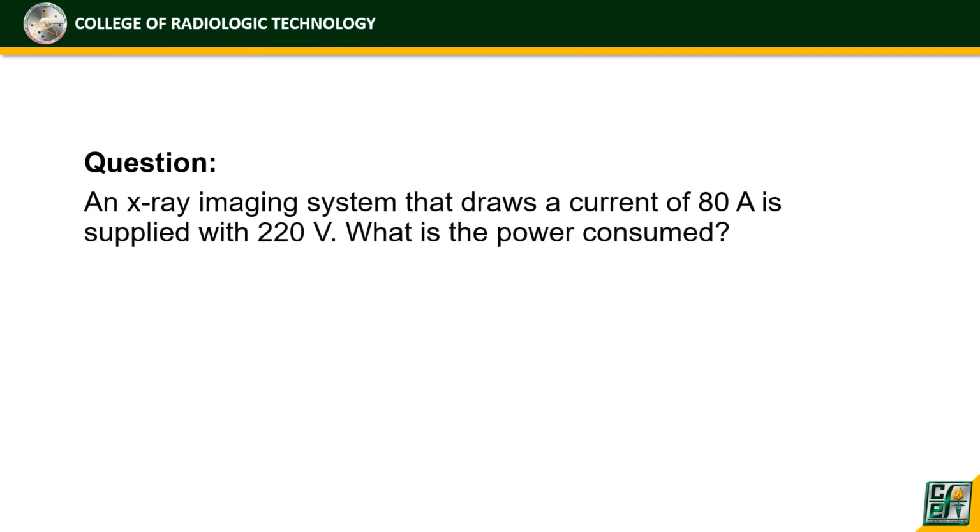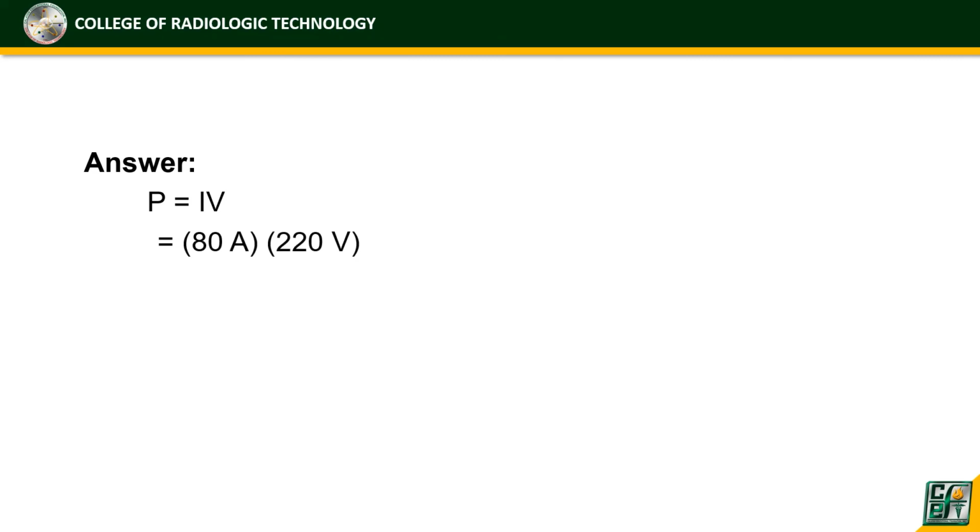Next problem. An X-ray imaging system that draws a current of 80 ampere is supplied with 220 volts. What is the power consumed? Now we use the formula P equals IV. P corresponds to the power, I to the current, and V to the electric potential.